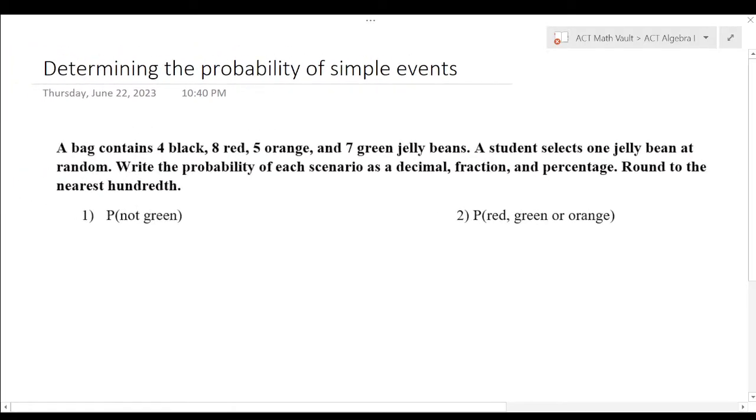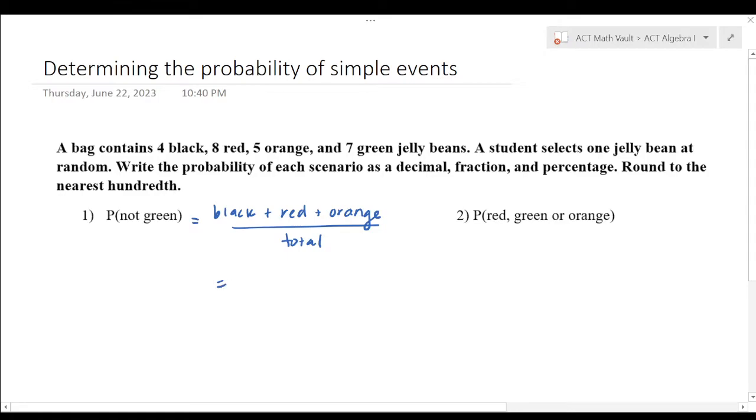Okay, so we have to think about what probability is. We are just looking for, let's call it a fraction every time, and it is the number of outcomes that you want over the total outcomes. Let's say it in simple terms like that. So what outcome do we want? The not greens. That would be all of the black plus red plus orange, and then over total.